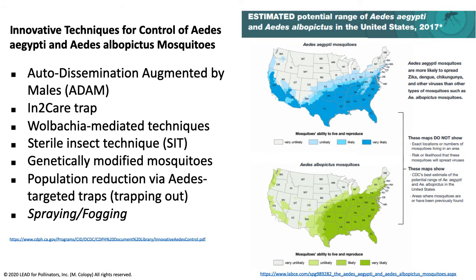In one state, over $2 million was spent on insecticide applications to kill mosquitoes, which was only 32% effective at killing mosquitoes. $2 million for 32% effectiveness is not a good use of taxpayer funds.